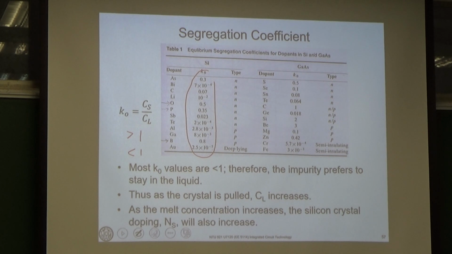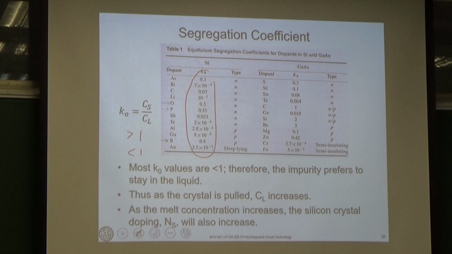So that creates a problem. You have an ingot and you try to cut it into different pieces of substrate. If you take the substrate from the bottom of this ingot, it's more pure. But if you take the substrate from the top of your ingot, you are not lucky. You get a bad one. Can you understand that? So that's the effect of segregation.